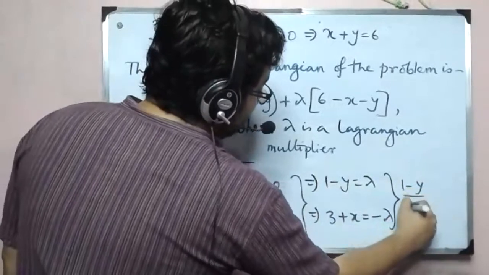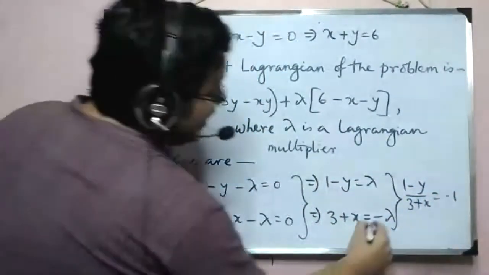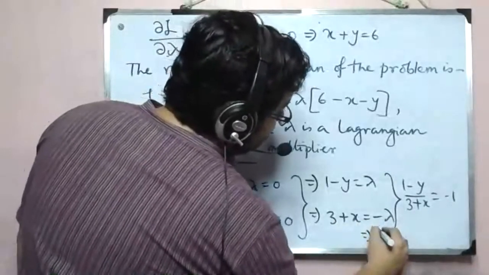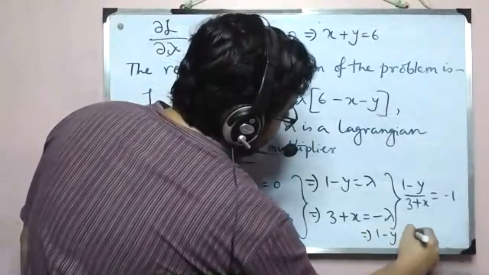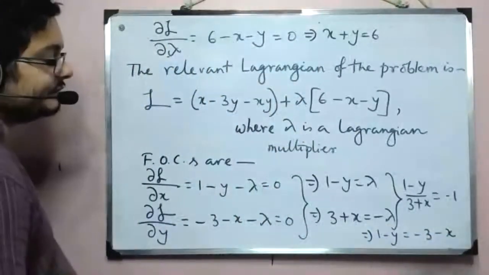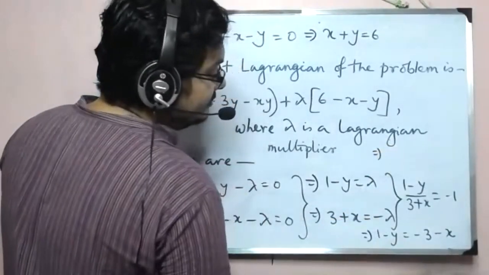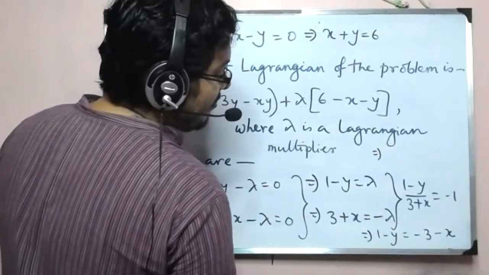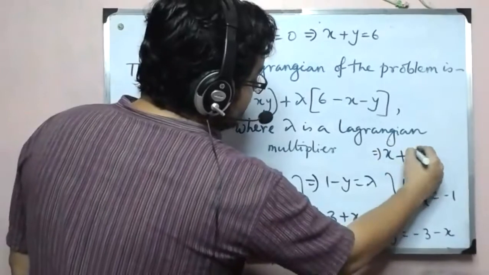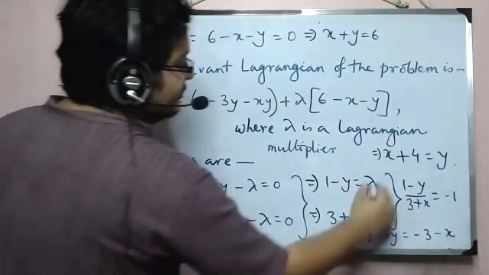That will give us minus 1, and from that we have x plus 4 equal to y.